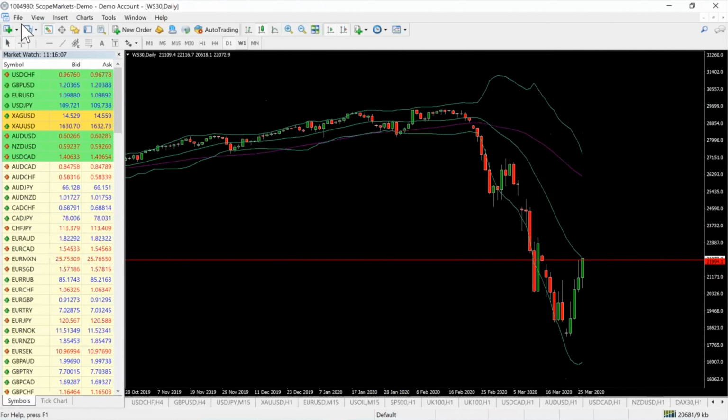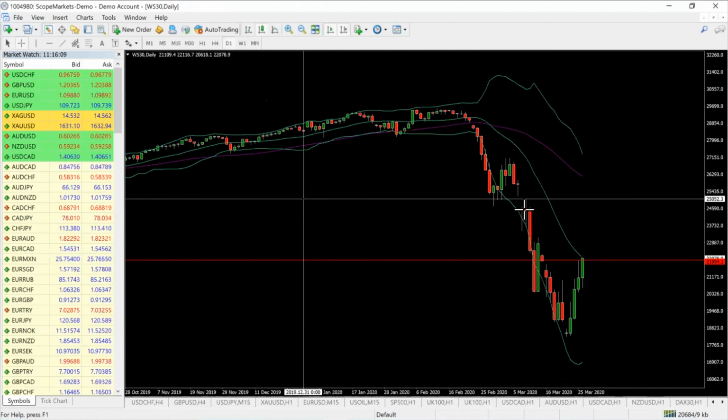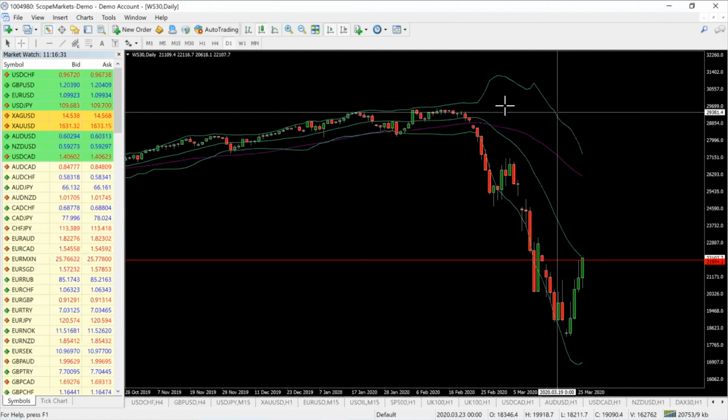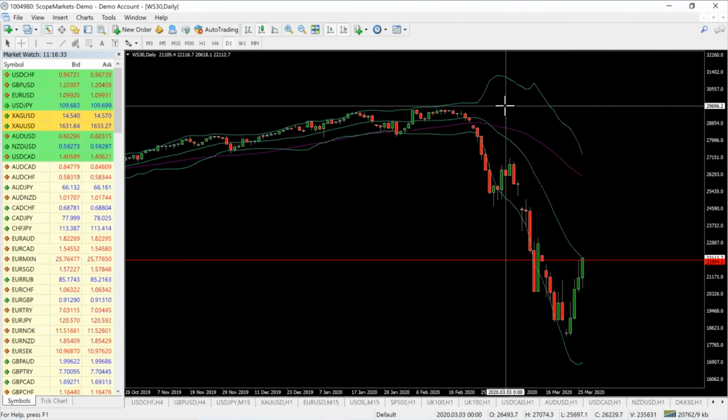So its widest point is probably about there. So that's on Monday, at the height of the volatility. And what it says, and this is in the textbooks, is that at that widest point, that's the time when the market is expected to start to turn itself around.